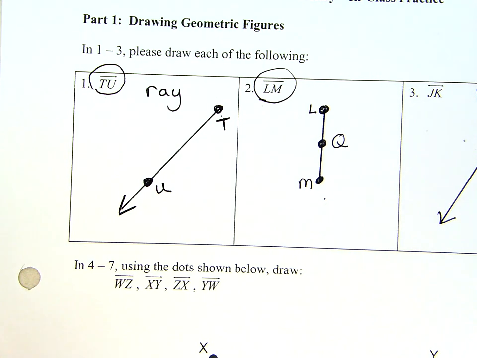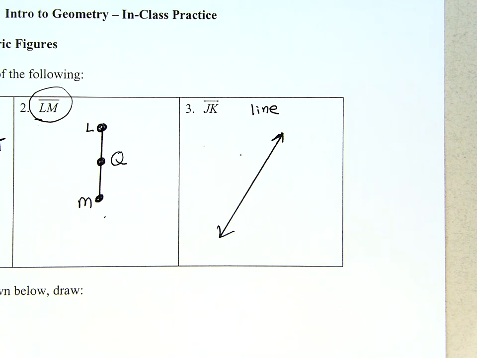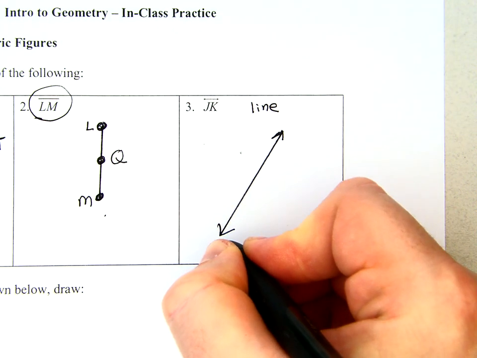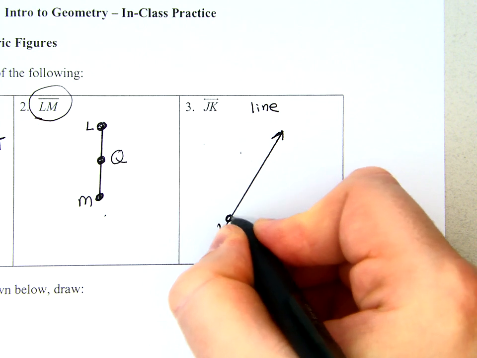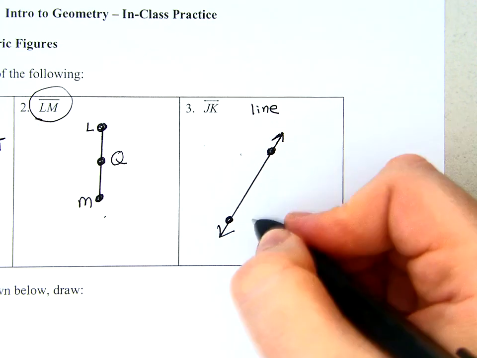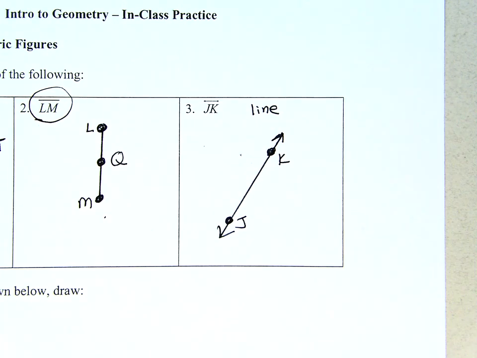It goes forever. Oh, you mean you actually want to see what's going on? How about that? Thank you. And the people at home will appreciate that too. Don't put your points at the very end, but kind of close. Or honestly, they could be in the middle. Doesn't really matter. Does it matter which one is which? No. One's J, one's K. Doesn't matter. That's all I have to say about that.